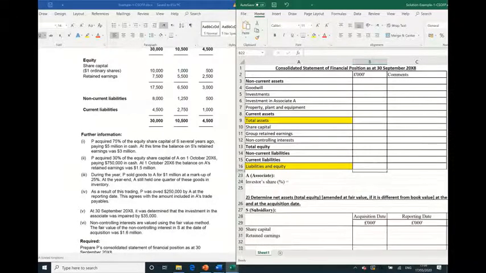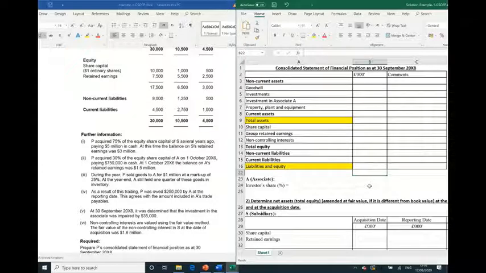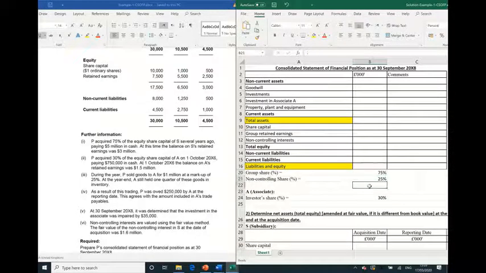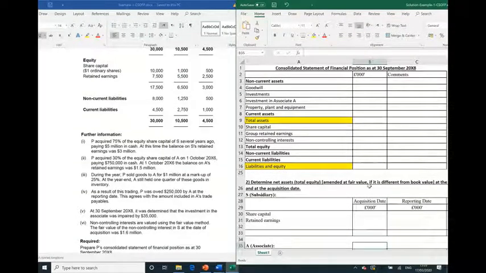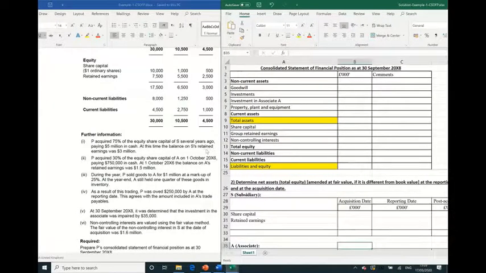Okay, so this means that the investor share is 30% in the associate. And then we'll move to the second step, which is to determine the net assets, amended by fair value if it is different from book value, at the reporting date and at acquisition date.